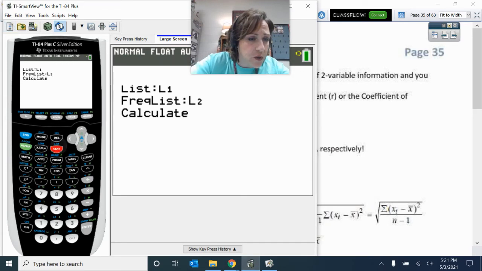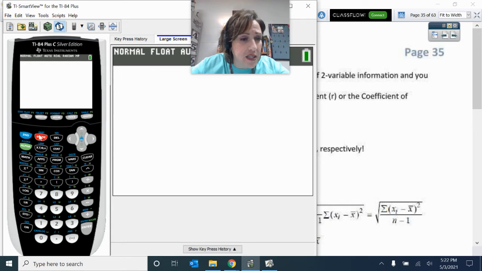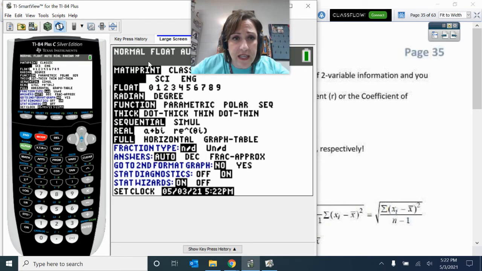You could either go to second mode. So by looking at the second mode, then look here, you have all these options here. Stat diagnostics is what you want to go to and turn that on so that when you calculate LinReg, it will compute the R and R squared.